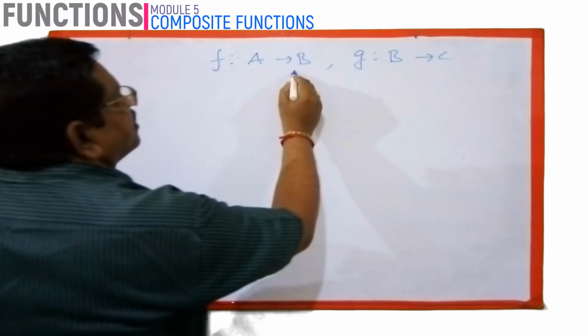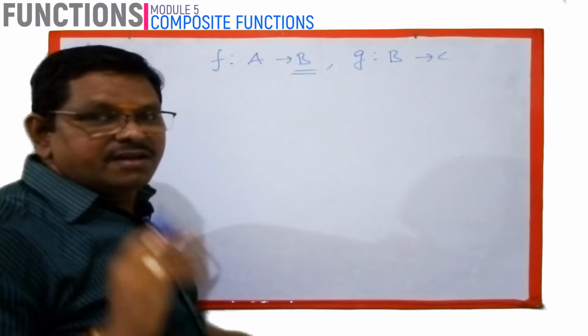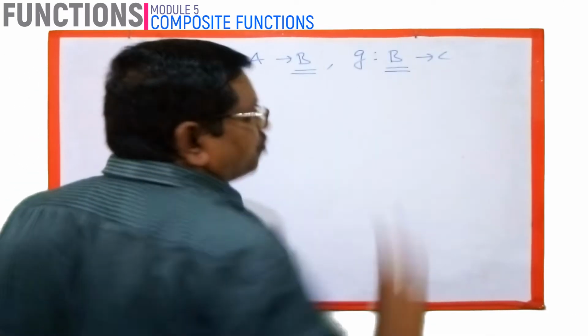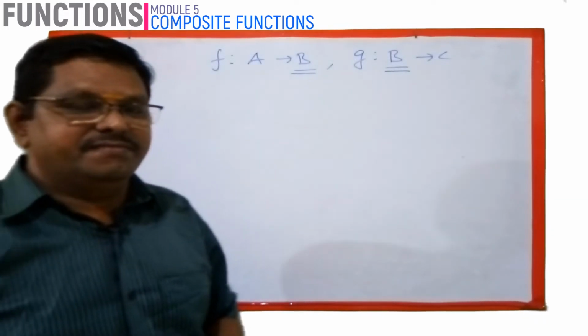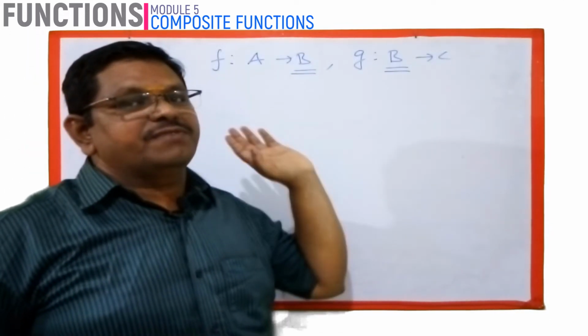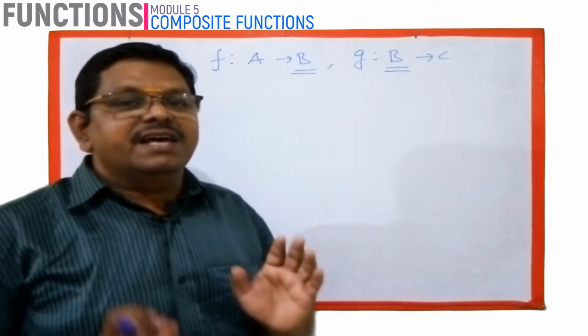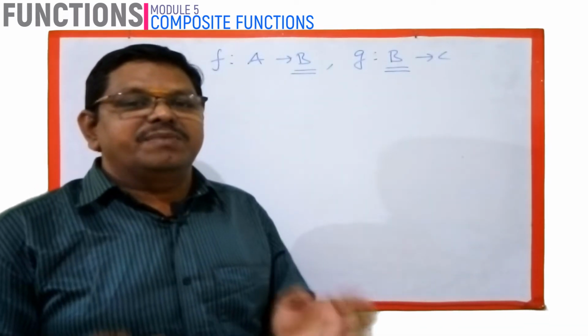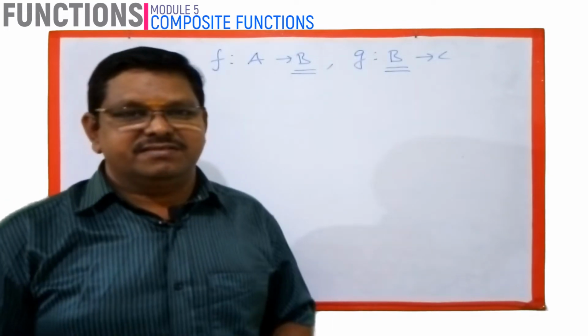Here the first function's range and the second function's domain should be the same. If such functions f and g are given, then the association between the three sets will be defined as the composite function.